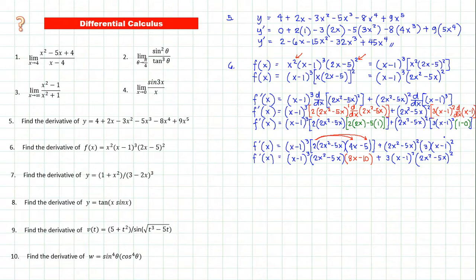Okay? So, sa unang tingin, kala natin, yan na yung simplified answer. Pwede pa natin silang i-simplify by factoring yung mga common terms dun sa ating function. Katulad ng x minus 1, parehas silang merong x minus 1 na term. And parehas silang merong 2x squared minus 5x na term. So, by grouping, i-group natin muna yan. So, we have f prime of x equal to factor.